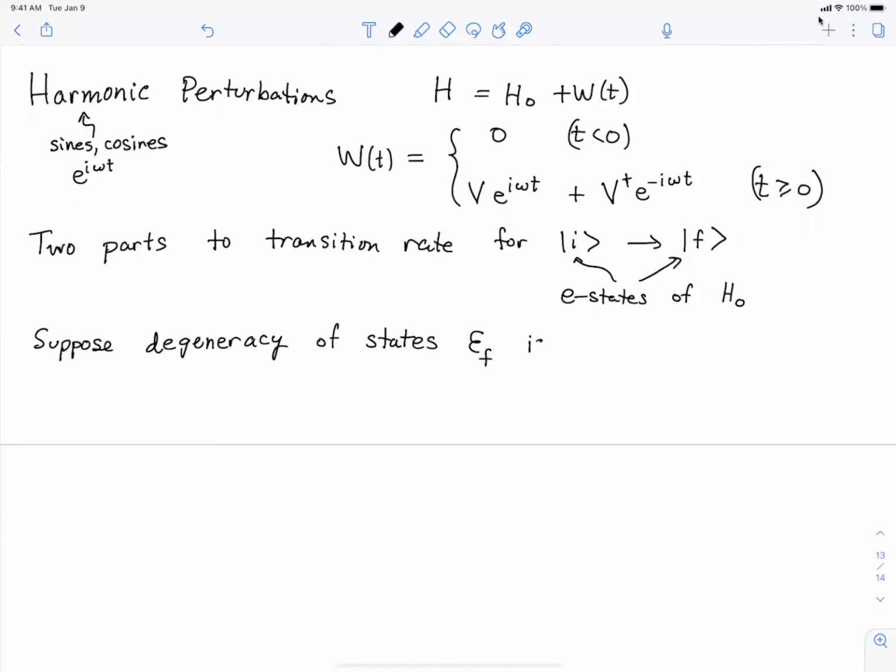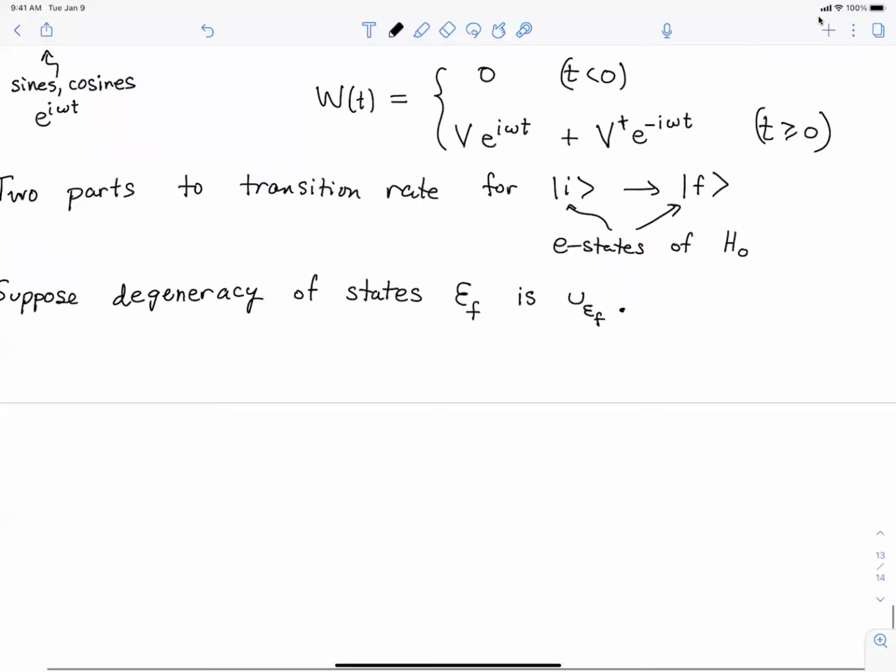And so the degeneracy, we're going to call it little u of curly E sub f. That's the number of states that all have the same unperturbed energy, curly E sub f. So in the past, we'd called degeneracy rho sometimes, but we're not going to do that today because rho is going to be something else. Okay, in fact, we're about to write down what that something else is.